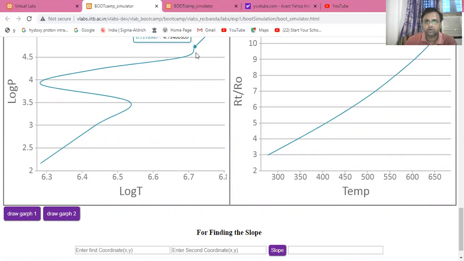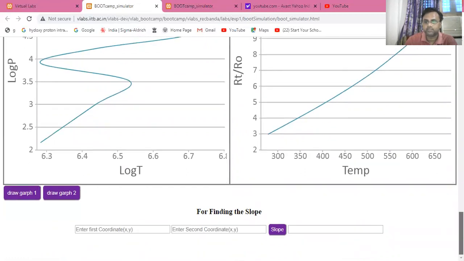We have to take the coordinates of this point and this point, and find the slope of the line.